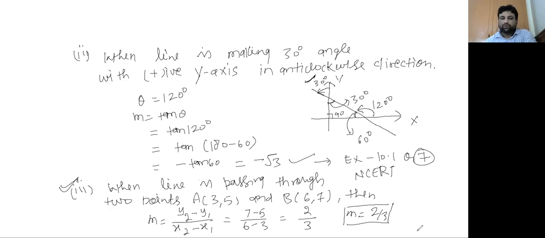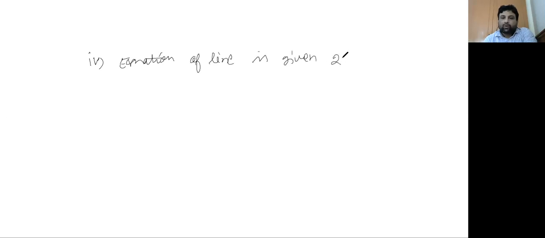Now I am moving to the next example. The equation of line is given: 2x minus 3y plus 7 equals 0, and we want to find the slope.